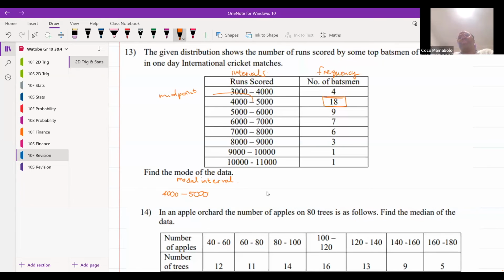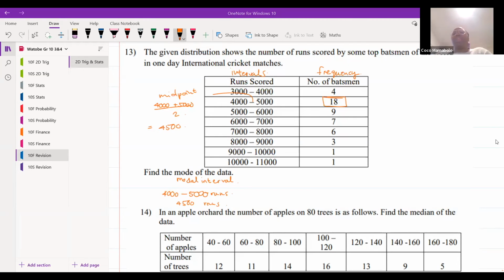To find the midpoint between 4,000 and 5,000, we add the two numbers together and divide by 2, because dividing by 2 finds the halfway point. The halfway point is 4,500. So either answer would be acceptable: 4,000 to 5,000 runs, or 4,500 runs by looking for the midpoint. That would be 100% on point.